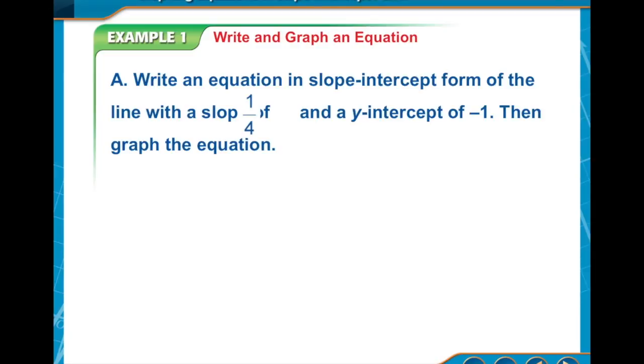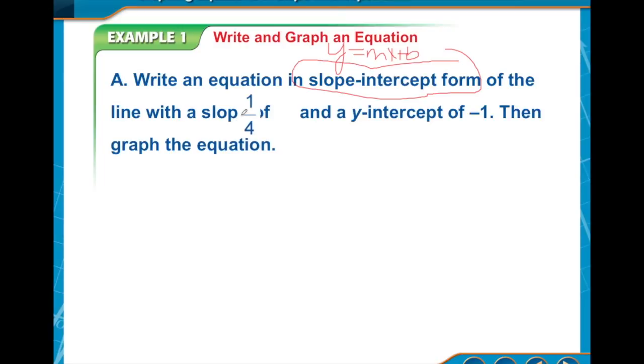So here is our first one. So we're given this sentence, so let's understand what's happening. It tells us to write an equation in that specific form that we're focusing on, slope-intercept form, which means y equals mx plus b. Okay?